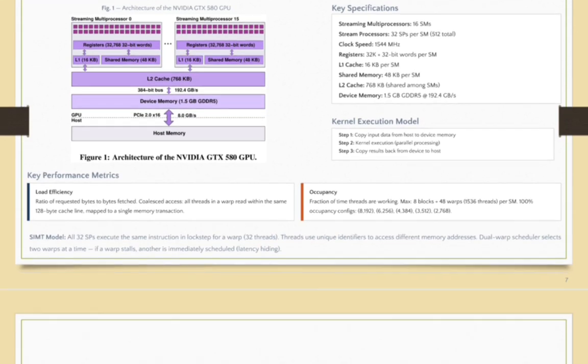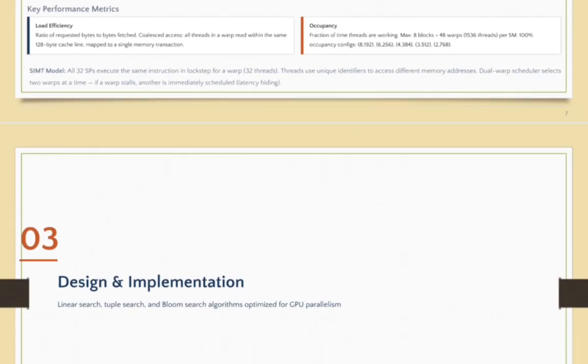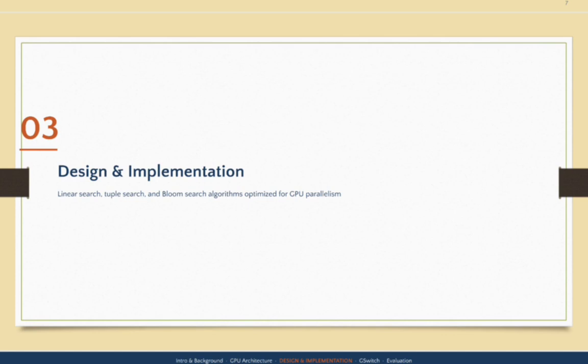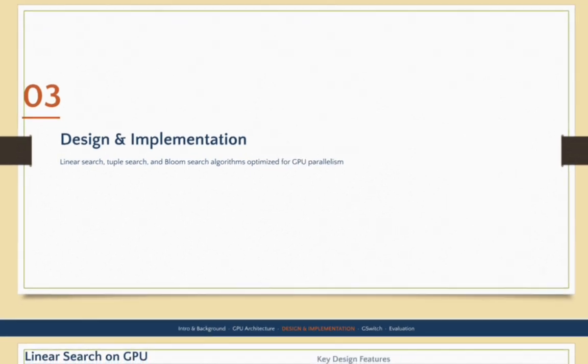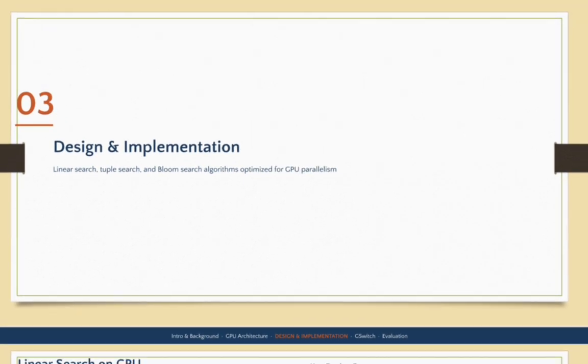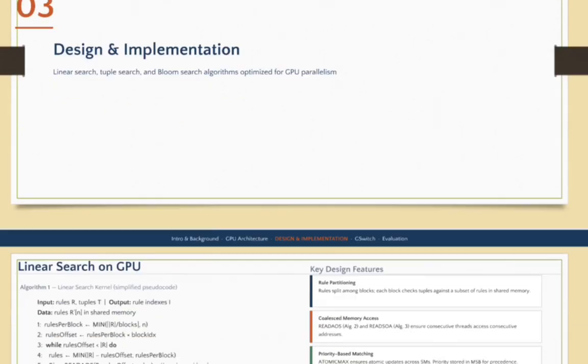The second is tuple search, which groups rules into classes and uses hash tables for faster lookups. The third is Bloom search, the main contribution of the paper. It uses Bloom filters to quickly eliminate non-matching rules and reduce lookup time, resulting in better performance.